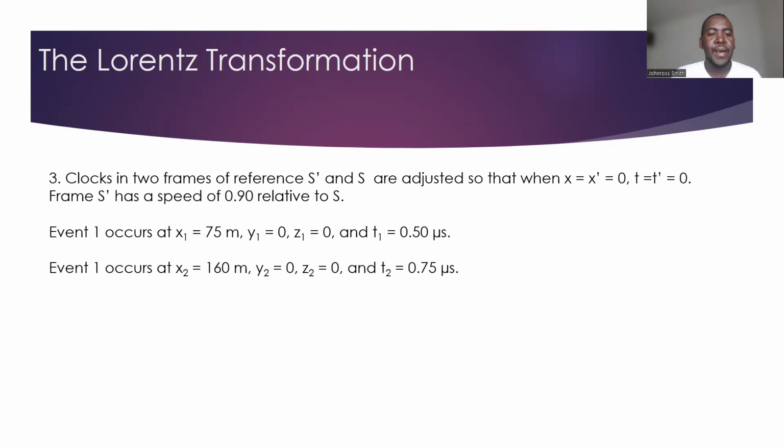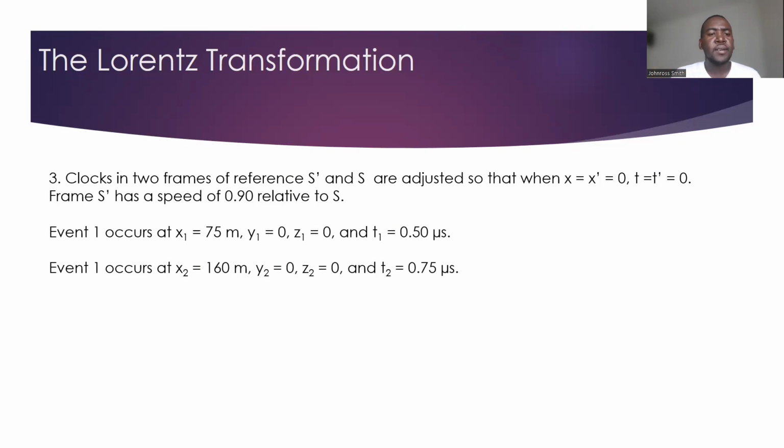And then event 1 happens when x1 is equal to 75 meters, y1 is 0, z1 is 0, and the time t1 is 0.5 microseconds.